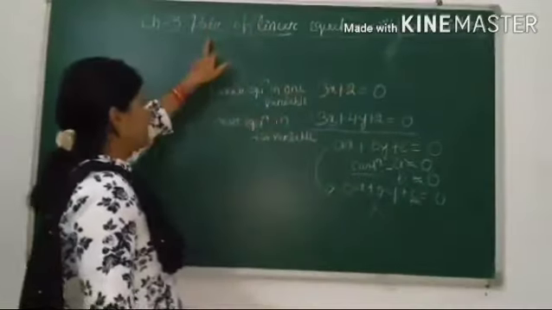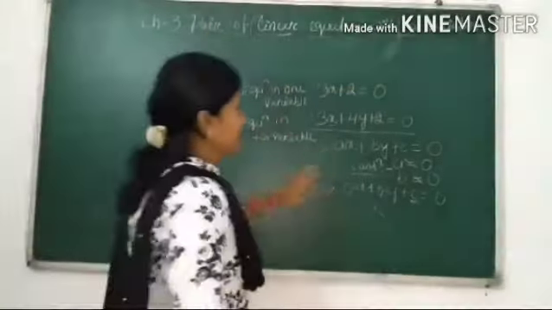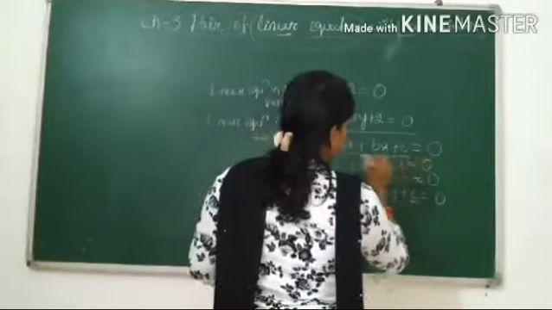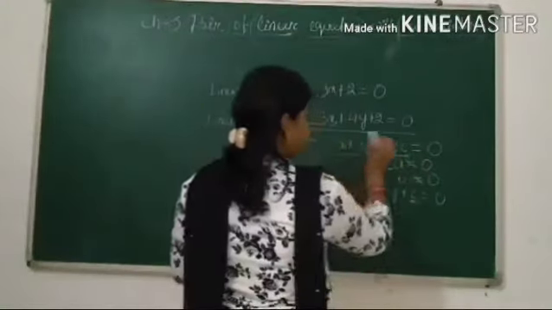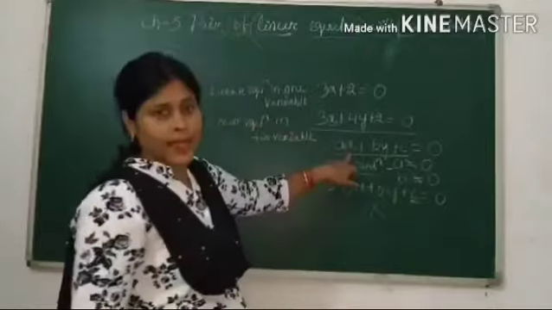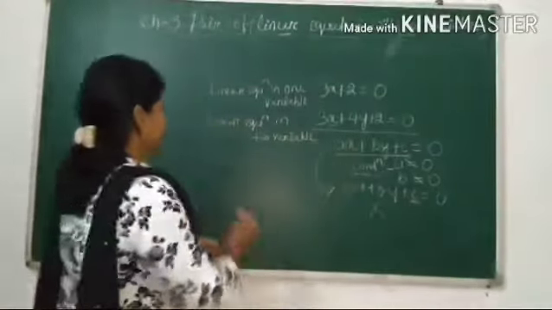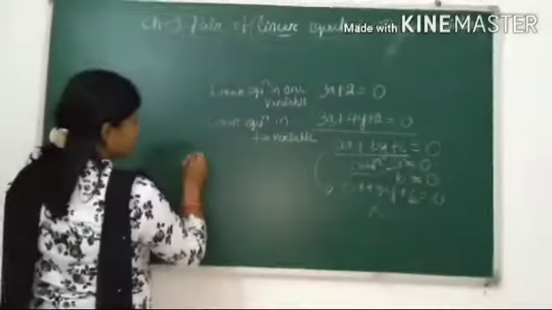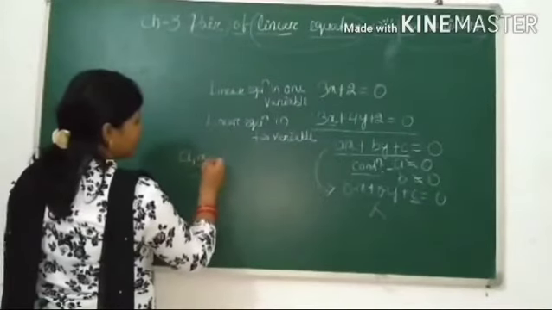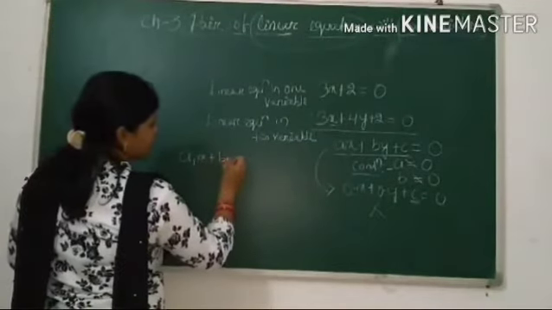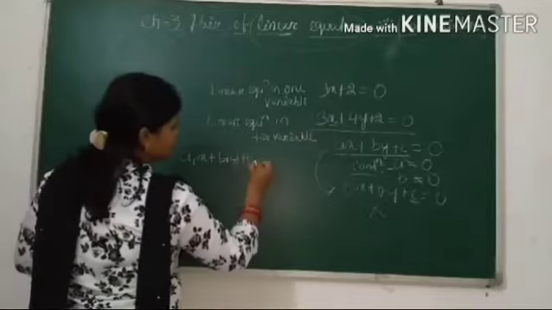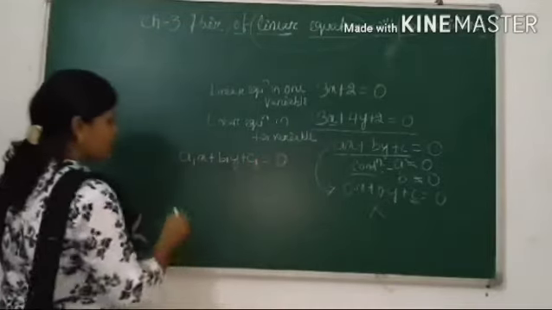Then come to the third part, pair. Look here, this is only one equation, so I have to write another equation. Here I can write a1x plus b1y plus c1 is equal to 0.